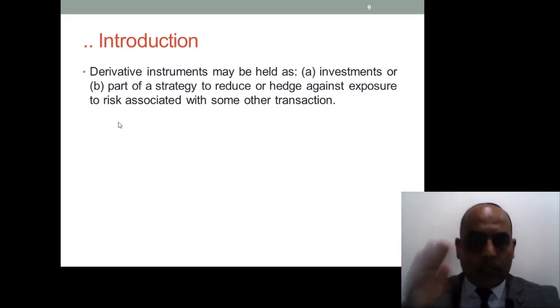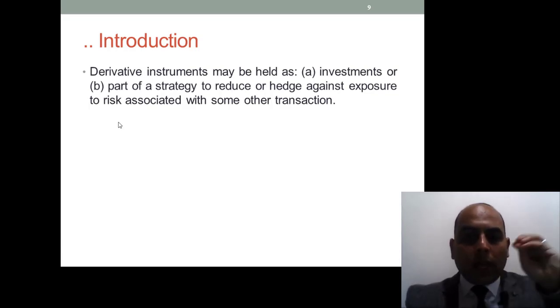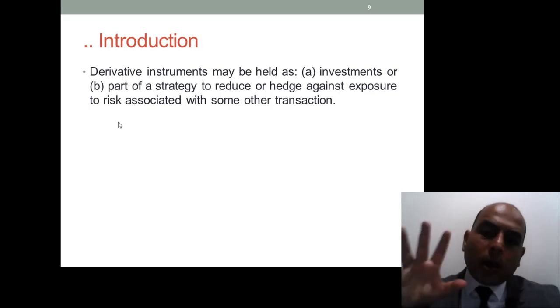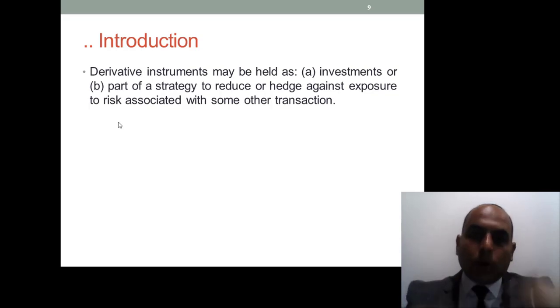How do we minimize it? When I enter into a forward contract to buy $100,000, in this case I will acquire the $100,000 at a fixed price. I know maybe it's not clear enough, but we will clarify this point later on in the coming video.